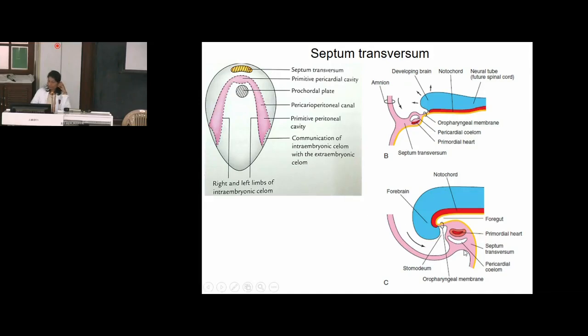After the head fold, the septum transversum is going down, right? Cranial-most we can see the forebrain, then comes the stomodeum, the cardiogenic area along with the pericardiac cavity, and then comes the septum transversum. That is the relation after the head fold.